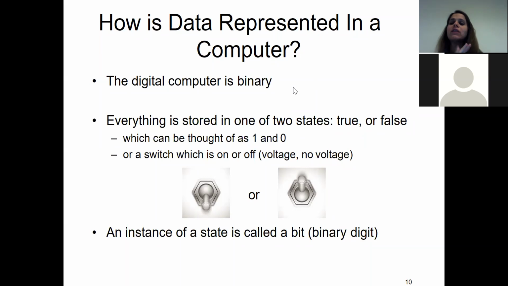So there are so many different expressions for what 0 and 1 mean. Even in the memory, if it is 0, that means that memory location is available, it's free. If it is 1, that means that memory location is occupied. There is already some data in there. So this is how the data is being represented.